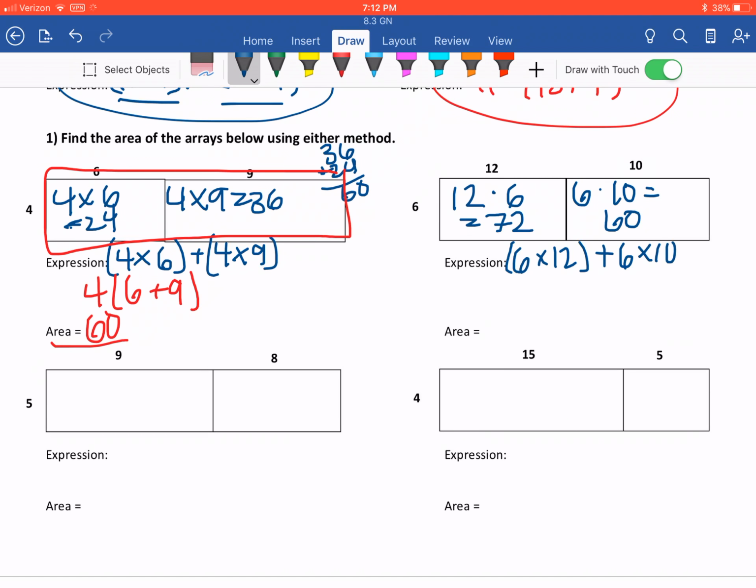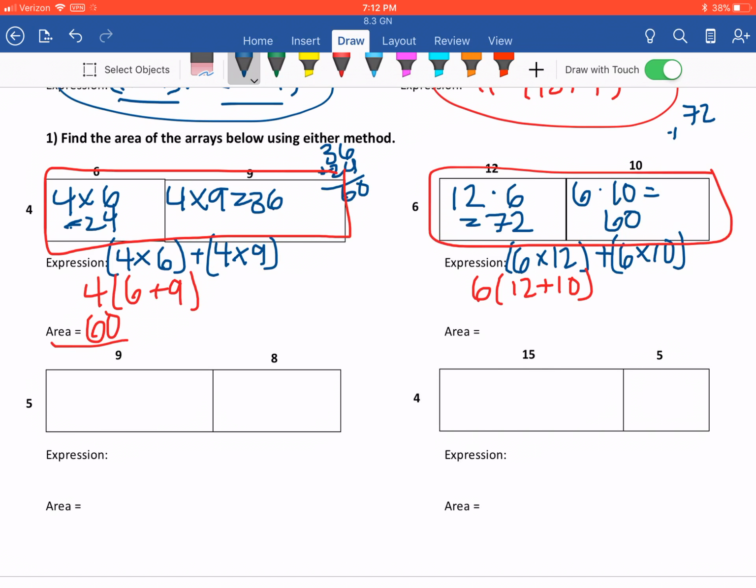And again, if you had decided to draw both of them together, it would have been 6 times 12 plus 10. Either way, 72 plus 60 gives us 132. So the area for this one should have been 132.